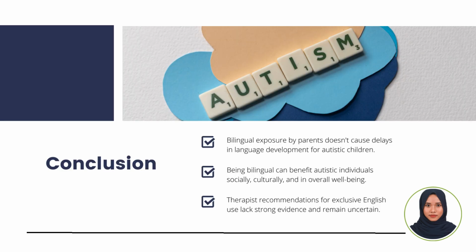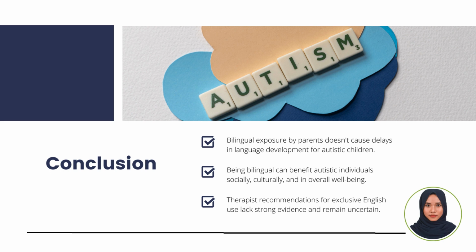In summary, this review explores environmental factors influencing language acquisition in proficient English speaking children with autism. While the distinction between the first language and second language is common in linguistic literature, bilingual exposure by a parent doesn't lead to delays in language development for children with autism.